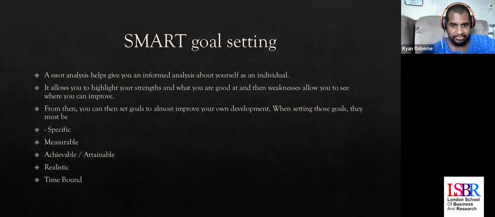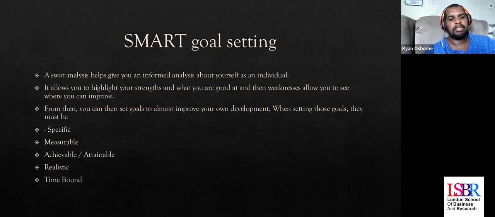It also allows you to highlight your strengths, what you are good at, and then the weaknesses will allow you to see where you can improve. And only then, from then, can you begin to set goals to improve your own development.